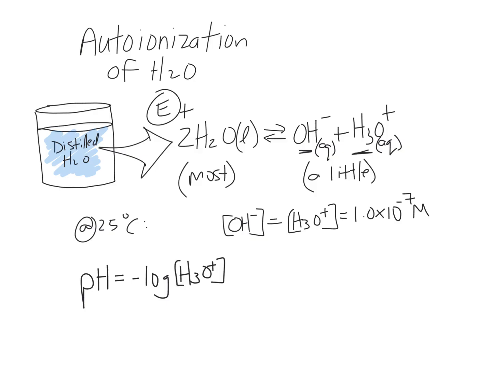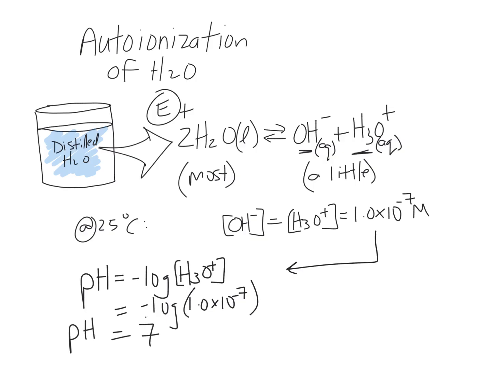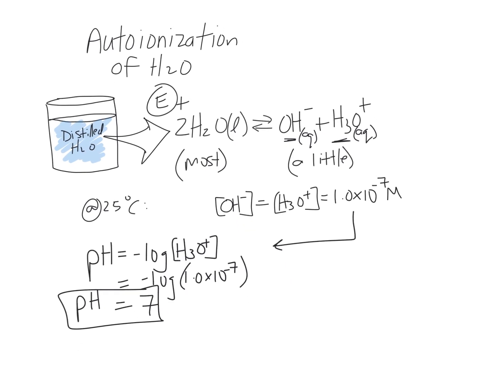So if you apply that here, right, sub that in for the H3O plus concentration, you'll get the negative log of 1.0 times 10 to the minus 7, and you'll notice that that equals 7. Now, this is very familiar because we said that a pH of 7 is neutral, and of course it is. It's pure water, like we discussed. So we expect the pH to be 7 for pure water.